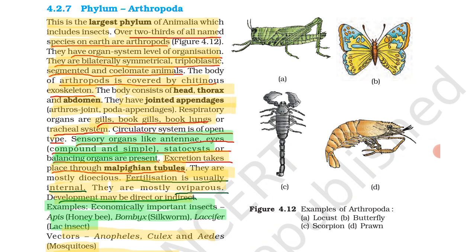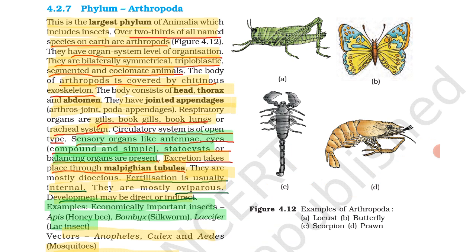Above the eye there is a socket of eye, and from that socket the antenna arises. See, these two antennae are shown in diagram 4.12. In butterfly also you can see two antennae arising from the orbits of the eye.